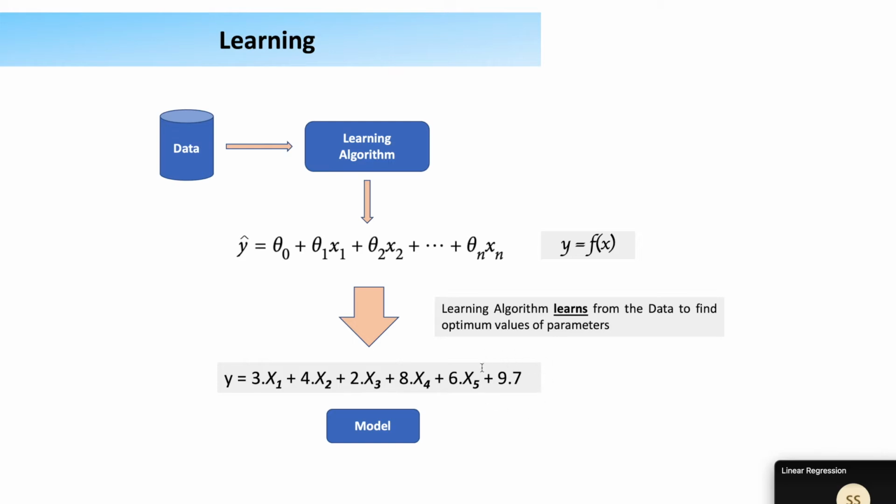This is also called the intercept for linear regression, and we will see what that is. All right, so this is clear. What does your machine learning algorithm learn?